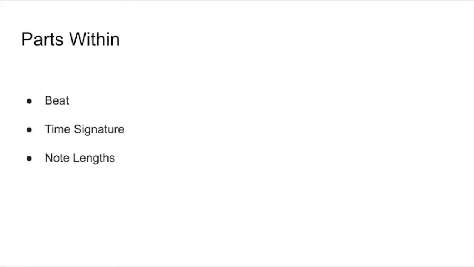Once you get into mashups and your own production and that type of stuff, it's important to know time signatures and their meaning, because it's kind of like the formula or the algorithm of how your music is going to be mapped in a numeric sense. Then you have the note lengths. So what notes go inside these measures, and what amount of time do they occupy within this space.